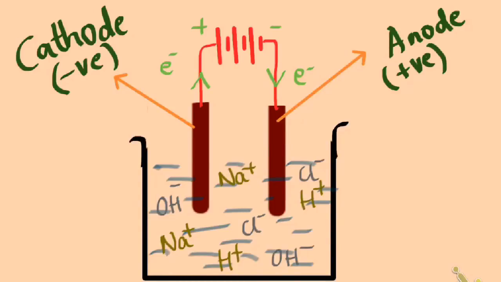Because the cathode is the negative terminal, it attracts the positively charged hydrogen ions, and the anode, being positively charged, attracts the negatively charged chlorine ions.